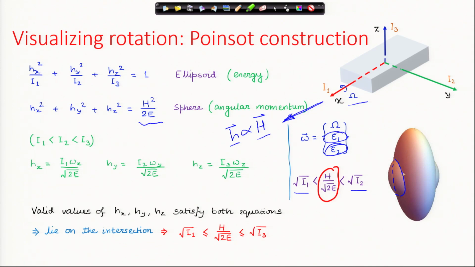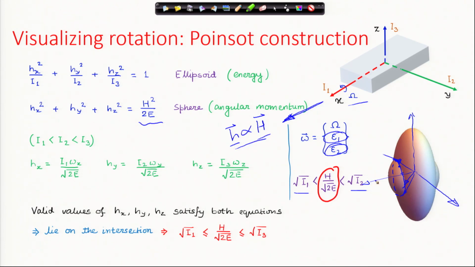But now it says that h values must come from this intersection. In other words, if I consider some inertial frame like this, then h must have these magnitudes and these directions, but actual h cannot change direction.